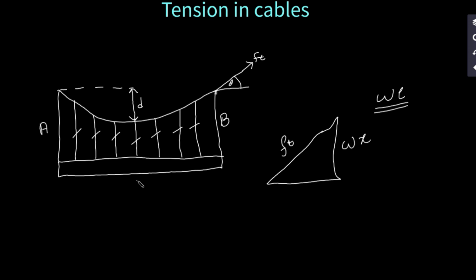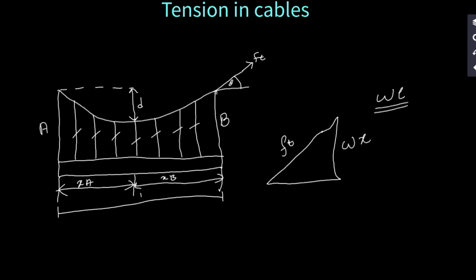Now x will be the distance from the one support to the turning point, meaning this will be xb, and this will be xa, and from support to support that will be L. Therefore we can tell that L is equal to xa plus xb, and then here we have FH.